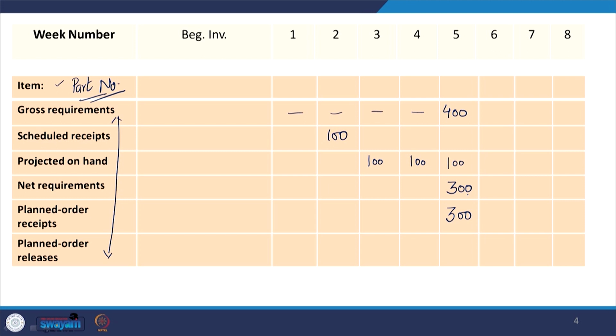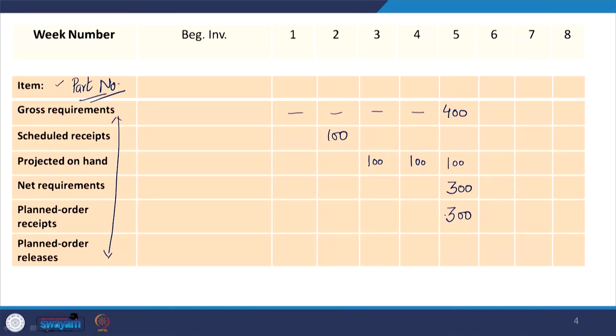Maybe it takes 2 weeks to make or procure these items. So, you have to give your order in such a manner that it takes 1 week, second week, and in the third week it is available to you. So, that is the planned order release.